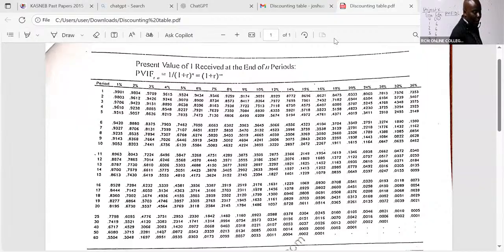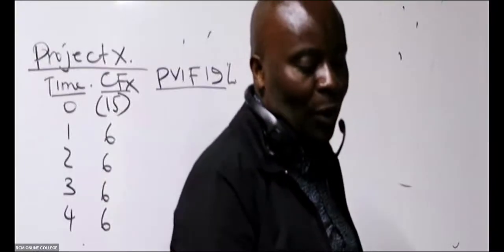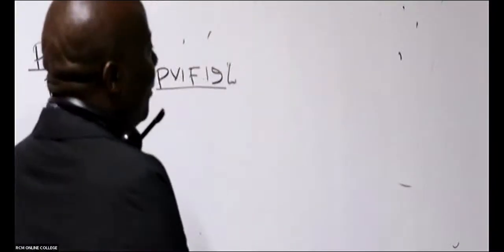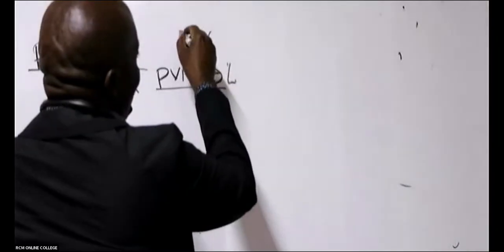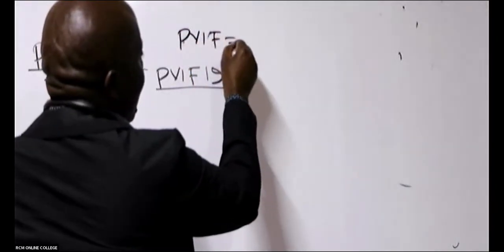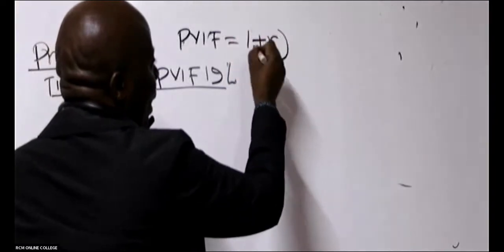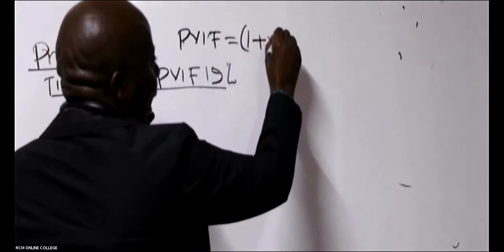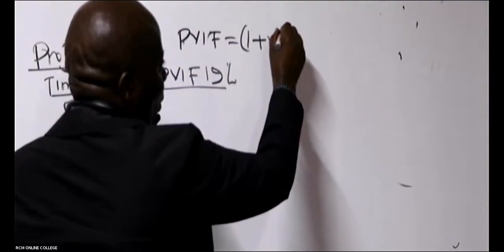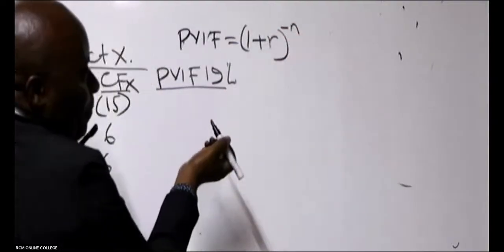If it's not there, I use the formula for PVF. I use 1 plus R, and because I'm discounting, I raise it to negative N.